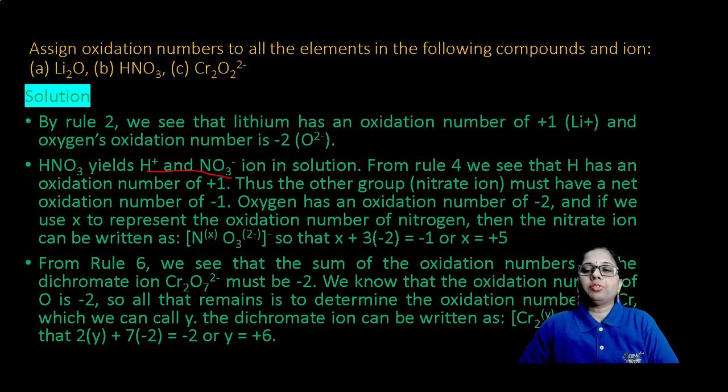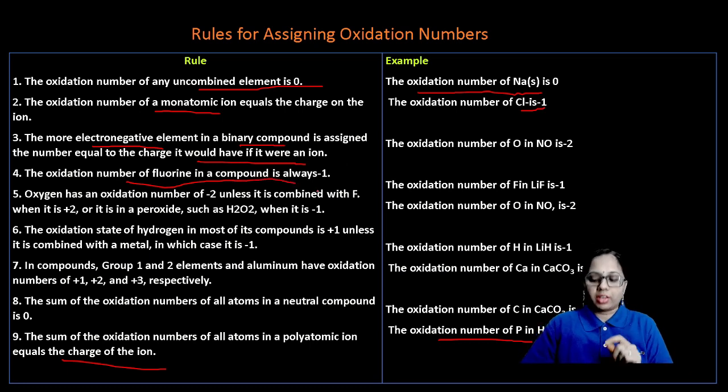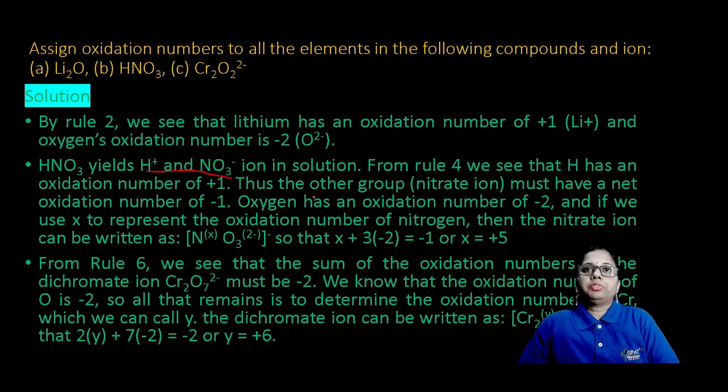So from rule 4, what is rule 4? Let us see again. The oxidation number of fluorine in a compound is always -1. If you take fluorine anywhere, the oxidation number is only -1. So here, according to the rule, hydrogen has an oxidation number of +1, and the other group, the nitrate ion, must have a net oxidation number of -1.